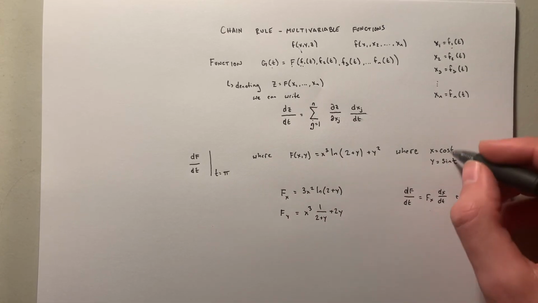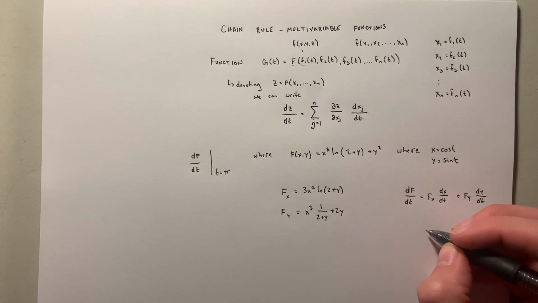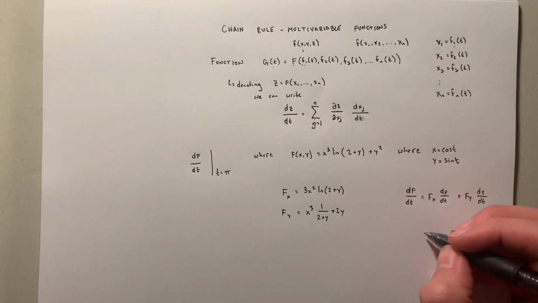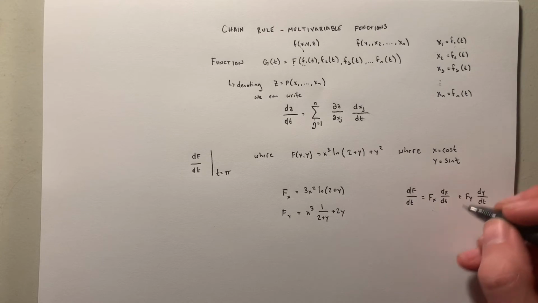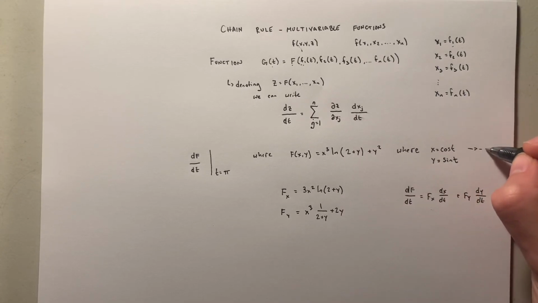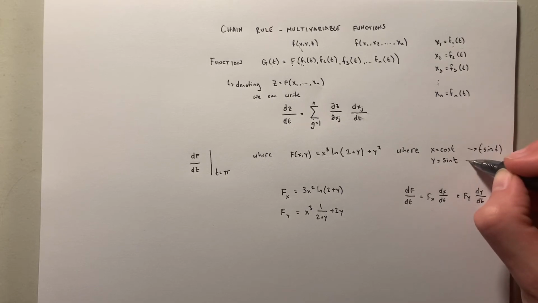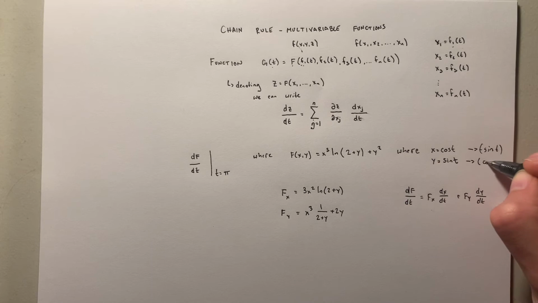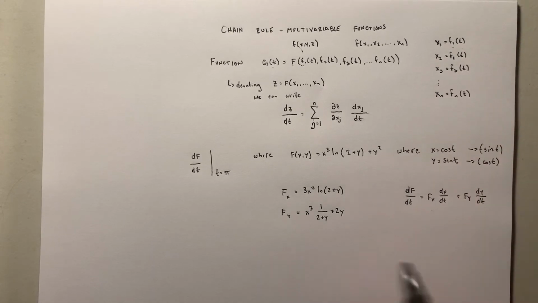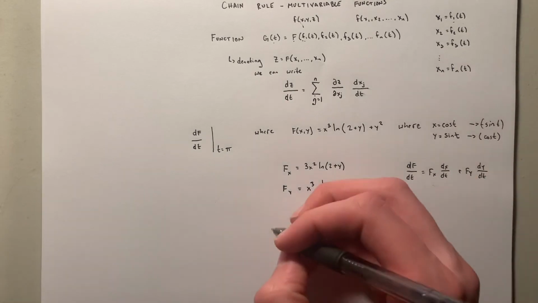So now we have to find the derivative of x and y. The derivative of this here is going to go to negative sine of t, and of this here, that's just going to go to cosine of t. Now we just plug it in pretty simply.